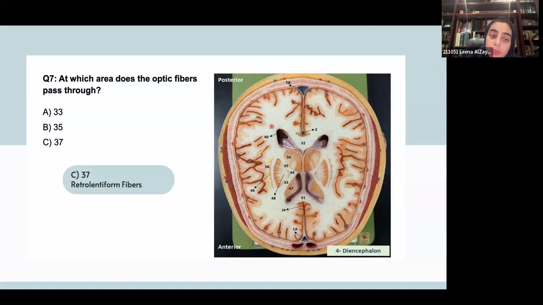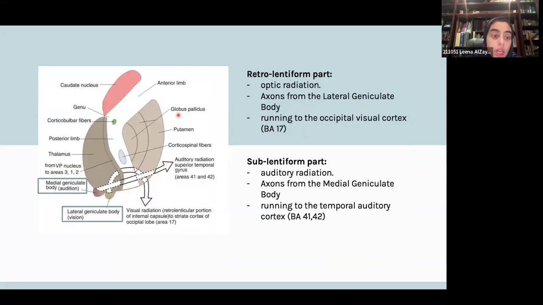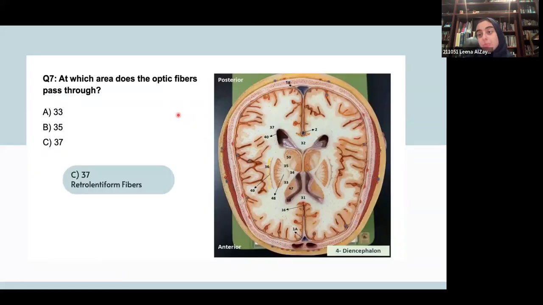The answer is 37 because remember we said the optic fibers come from the lateral geniculate body for the visual pathway. 37 is where the retrolentiform fibers are over here.